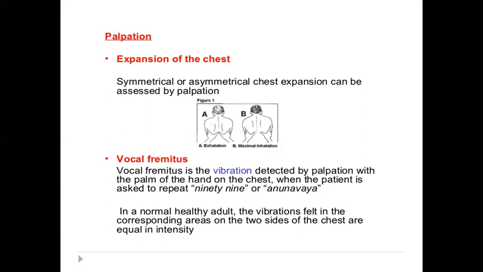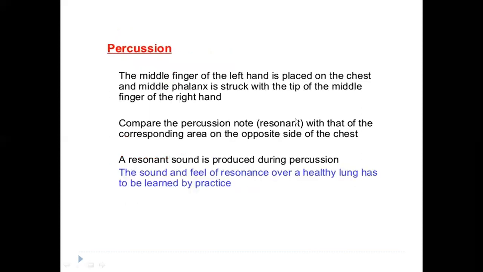In a normal healthy adult, the vibrations felt in the corresponding areas on the two sides are equal in intensity. Next is percussion. The middle finger of the left hand is placed on the chest and the middle phalanx is struck with the tip of the middle finger of the right hand. This is the percussion note where we feel the resonance. The resonance sound is produced during percussion.